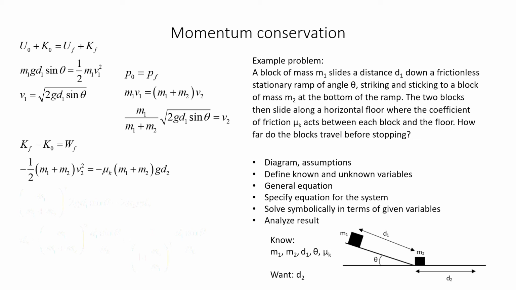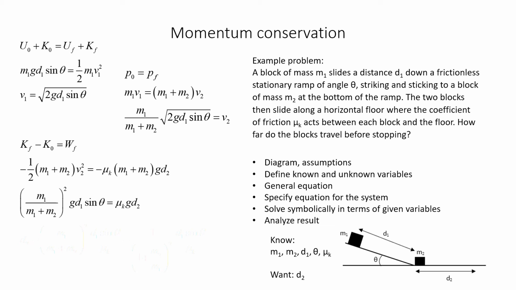That's their initial velocity, equals the work done by friction, which is mu k times the normal force, which is (m1 plus m2) multiplied by g, and the distance d2. Notice the two minus signs are going to cancel here. The work has a negative sign because the force is in the opposite direction of the displacement.